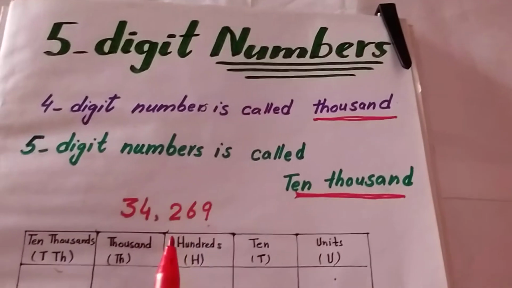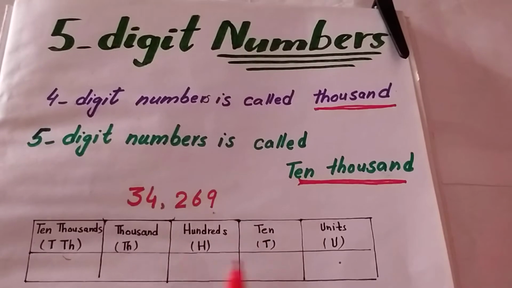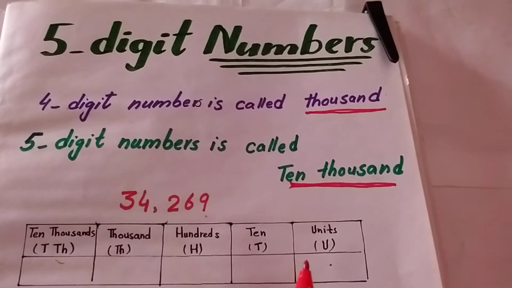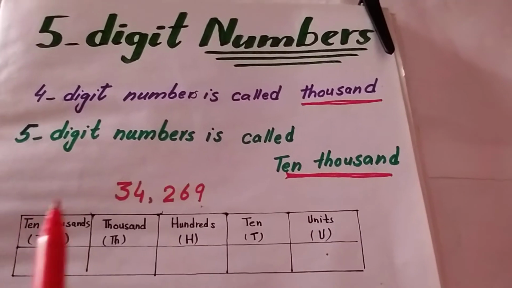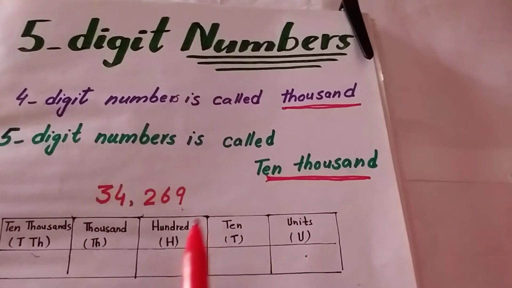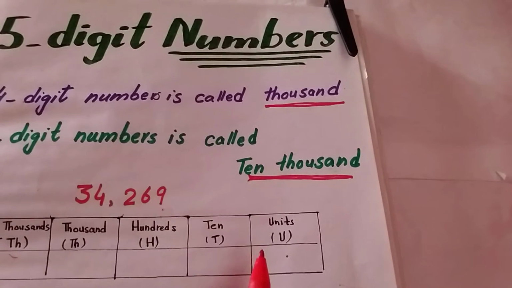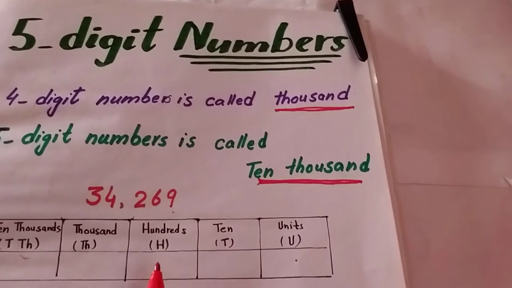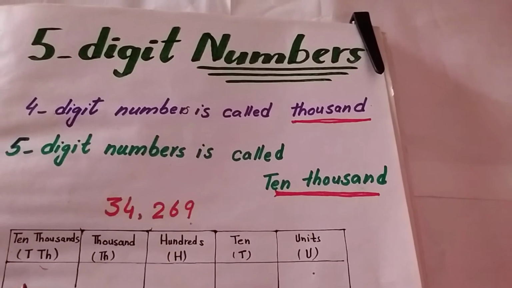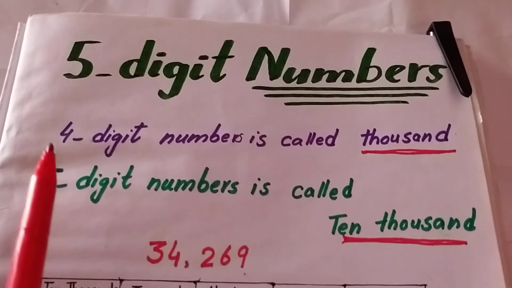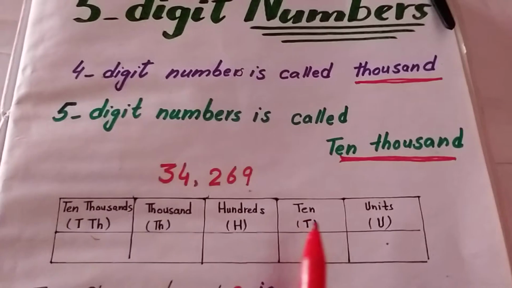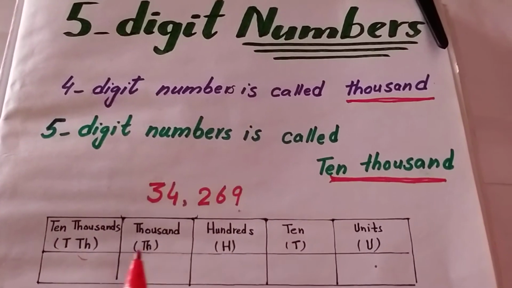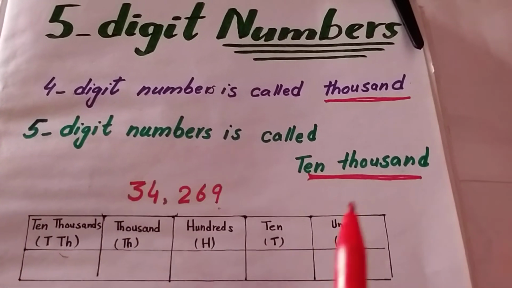We write it in a 5 digits number chart. We assign them in the places: Unit, 10, 100, 1000, 10,000.